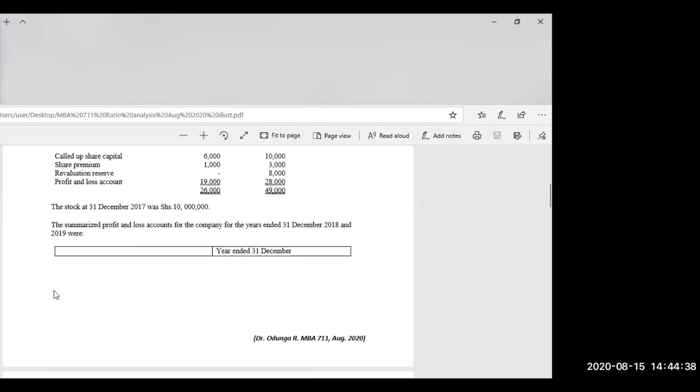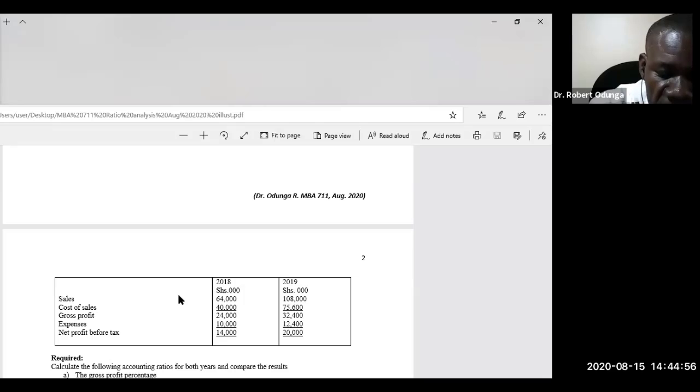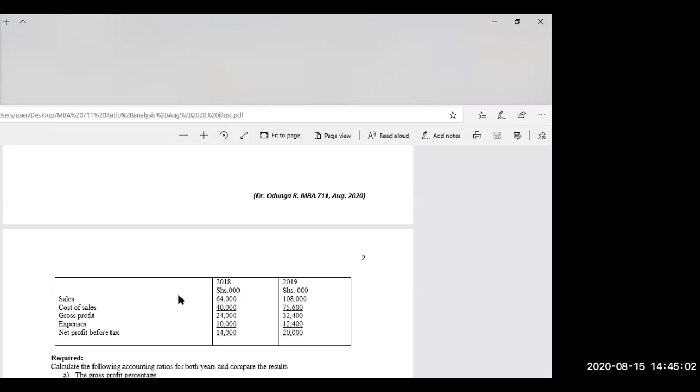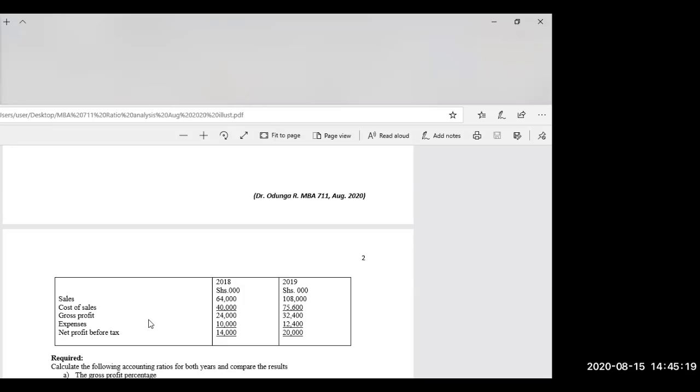If you go to our income statement, we have cost of sales, we have gross profit, we have opening stock, and we have closing stock. So our general accounting equation for cost of goods sold, or cost of sales, is equal to opening stock plus purchases minus closing stock. From our figures here, assuming 2018, our cost of sales figure is 40,000.